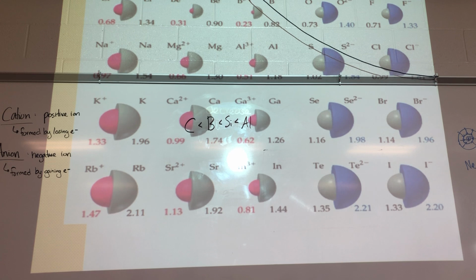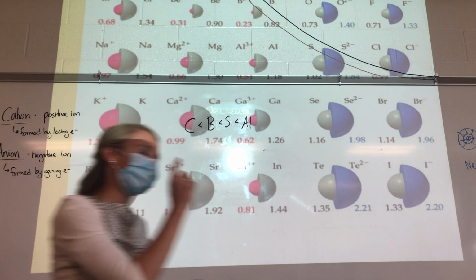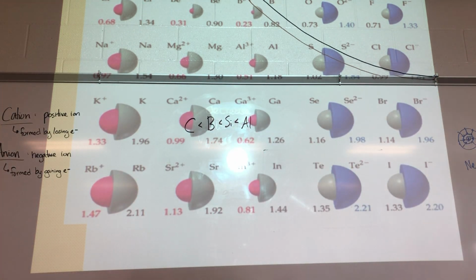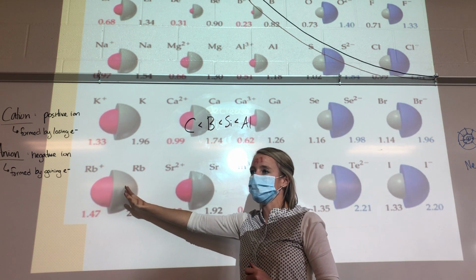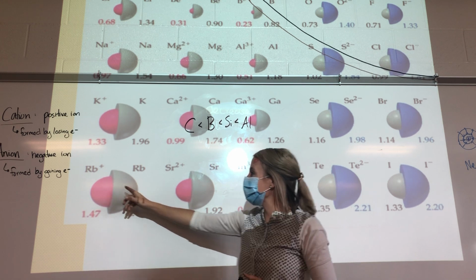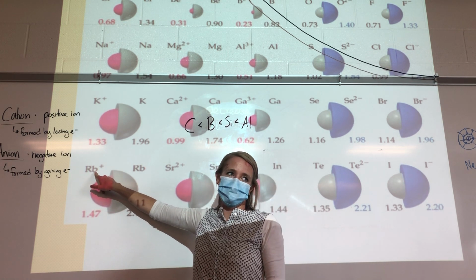The pattern we're looking at here is understanding the size change when something gains or loses electrons compared to its normal parent atom. What this picture is showing us is everything that's gray was the neutral atom. The pink is the ion it turned into.